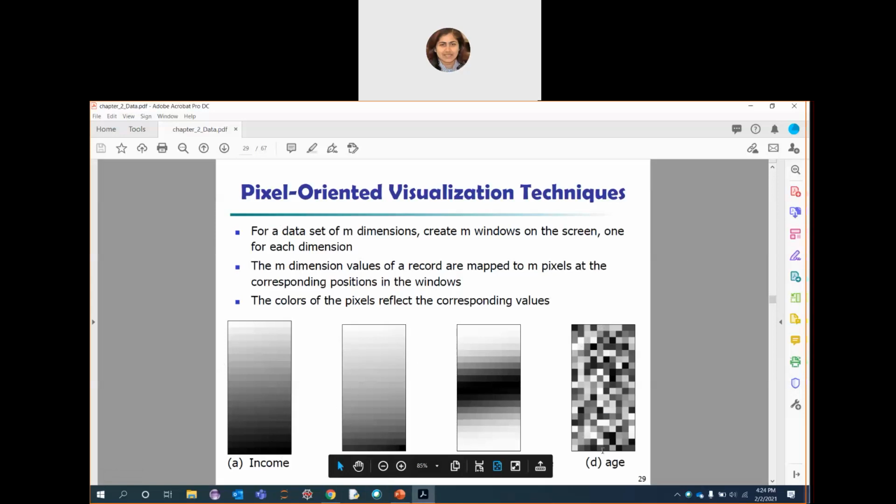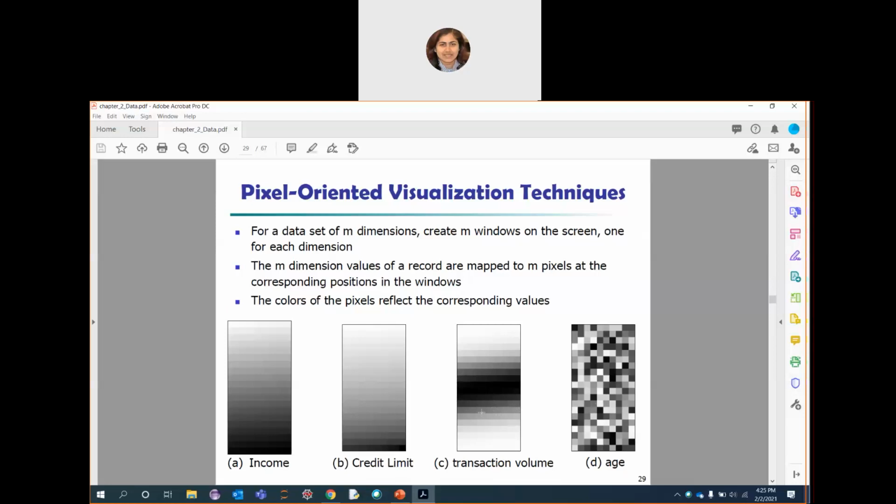Like that, you have the age category as well. So from this, the way you set your visualization, you can understand how the data is actually behaving, or what the characteristics of the data actually are.